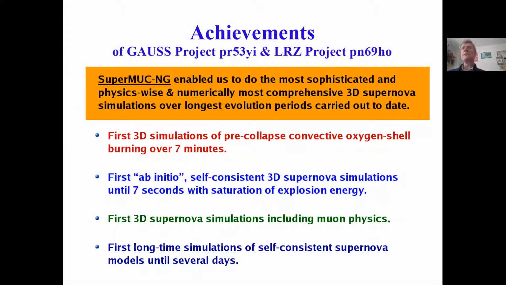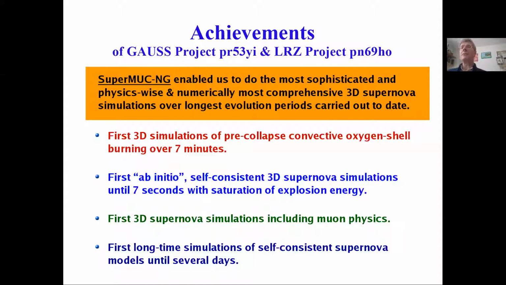Let me summarize here on this slide the main achievements of our Gauss and LRZ projects. SuperMUC NG has enabled us to do the most sophisticated, physics-wise and numerically most comprehensive, 3D supernova simulations over the longest evolution periods carried out to date. We have the first simulations of pre-collapse convective oxygen shell burning, continued over several minutes.